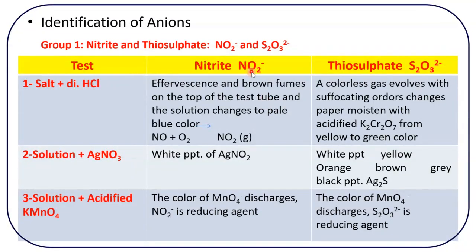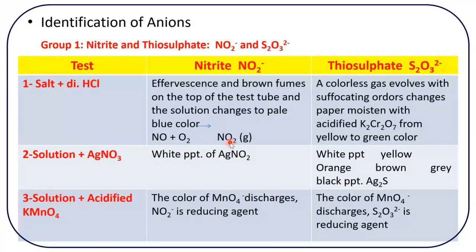Once you add dilute HCl to a nitrite salt, NO, nitrogen monoxide, is produced. Then once it reaches the top of the test tube, it reacts with the oxygen in the air, and you end up with nitrogen dioxide. So the red or brown fumes are NO2, nitrogen dioxide.